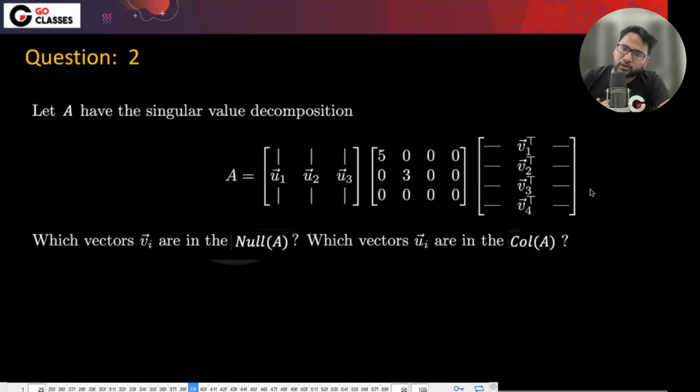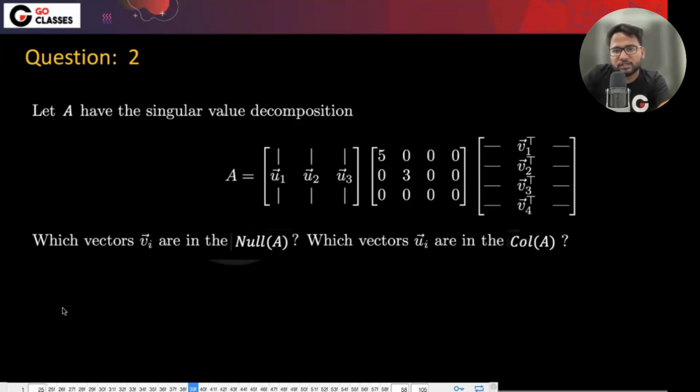This is an easy question only, you should not be taking much time here. Harsh is saying V3 is in the null space. Okay, so V3 and V4 are in the null space.